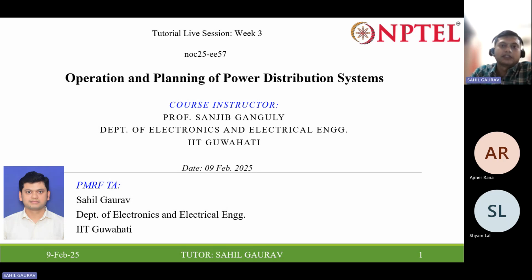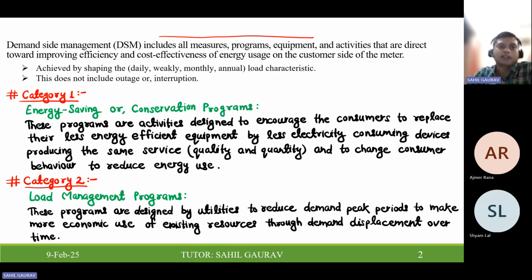So first, what is demand side management? Demand side management includes all measures, programs, equipment, and activities that are tied toward improving efficiency and cost effectiveness of energy usage on the customer side of the meter.